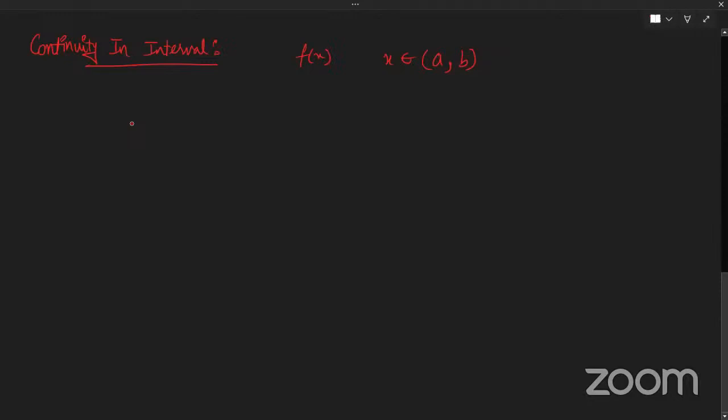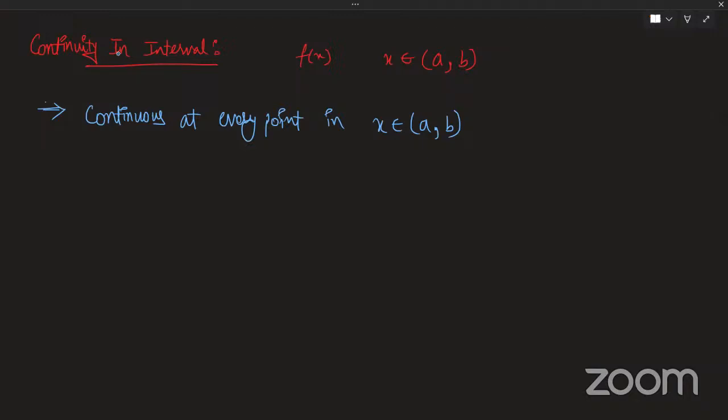In order to check if a function is continuous in this interval, you can very easily say that it has to be continuous at every point. If it is continuous at every point between a and b, I can say that it is continuous in that interval, right?